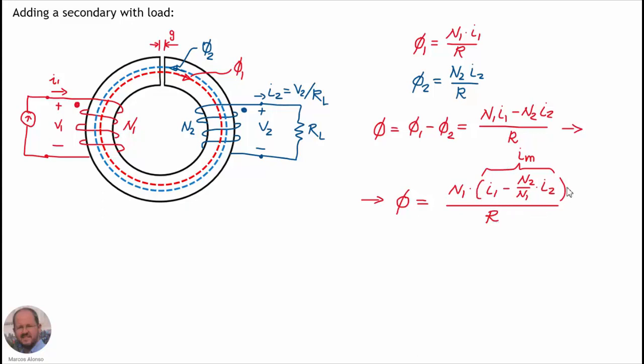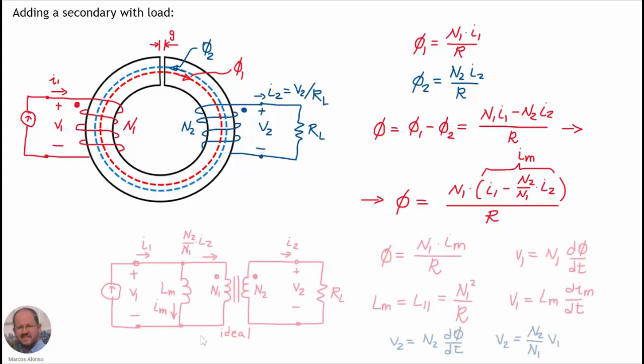This current we can designate as IM, and we call it the magnetizing current because it's the current that is generating the flux. So we can see that now we have a lower value of the current generating flux. It is the current through the primary minus the current through the secondary transformed into the primary. So we have less current, and therefore we are going to have less flux in the core. And this is the key point of the operation of the transformer.